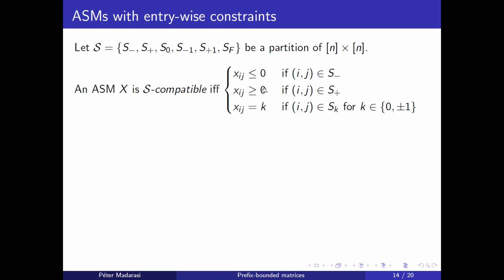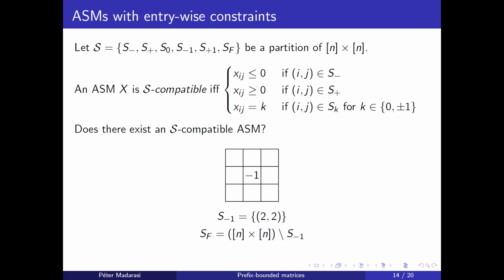And for every k equal to 0, 1, minus 1, if your position ij is in the part Sk, then its value must be exactly k. And you may notice that SF is nowhere mentioned. The reason is that we do not have any constraints on those entries. So the letter F stands for free. These are the constraints. And the question will be whether there exists an S compatible ASM.